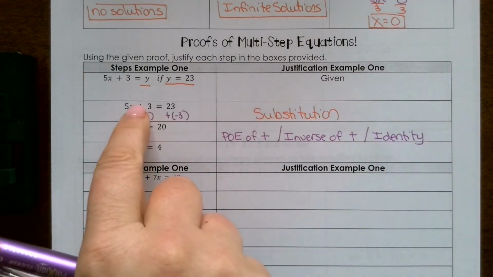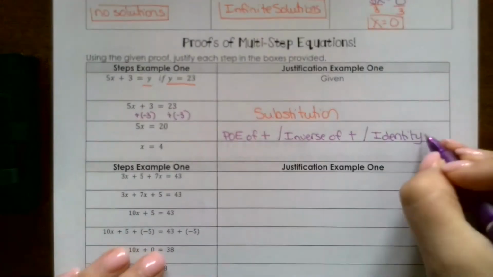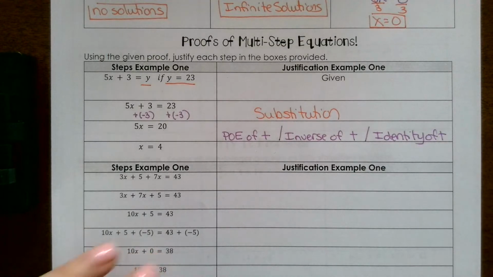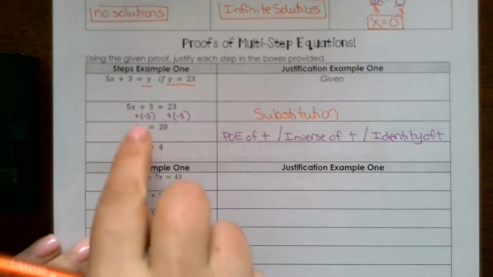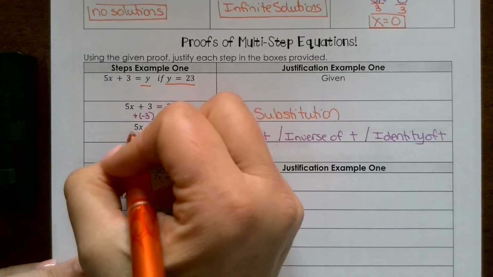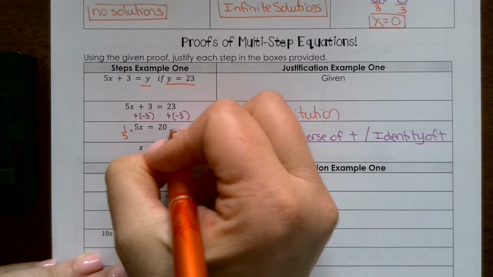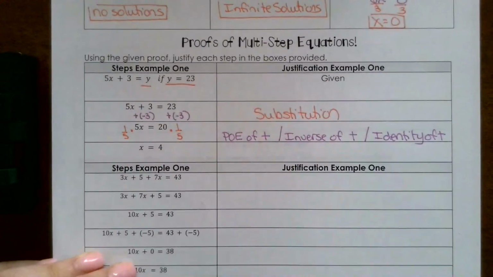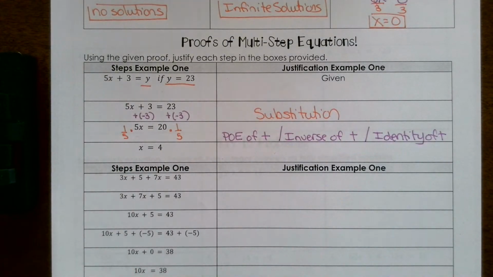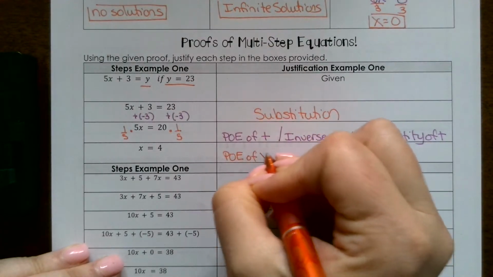So in between this step and that step, I feel like these three properties are at play. Likewise, in between this step and this step, I feel like three properties are at play. I have 5x equals 20. Well, I know that if I multiply both sides by the same number, I have the multiplication property of equality.